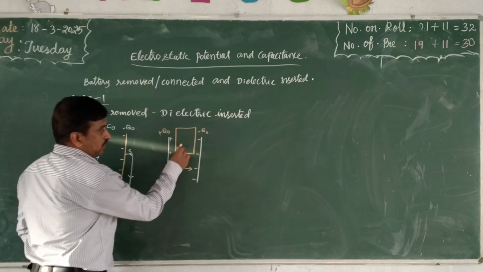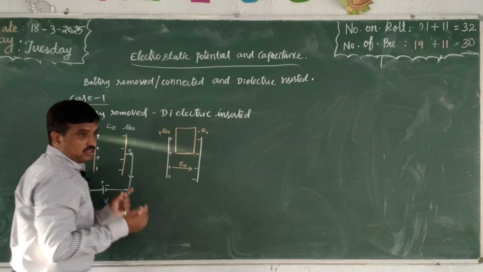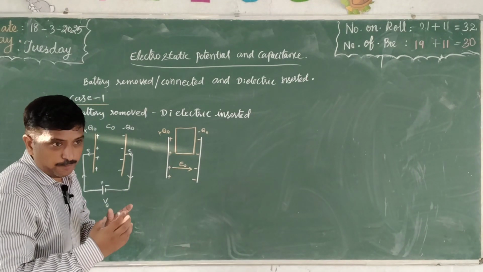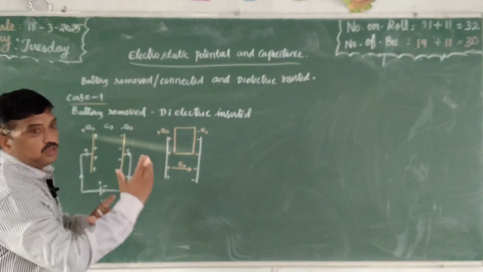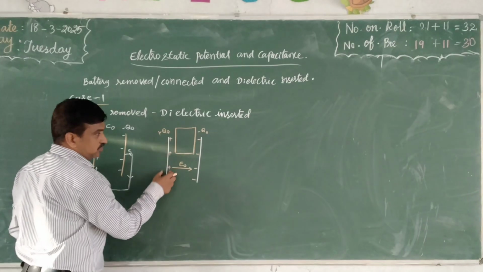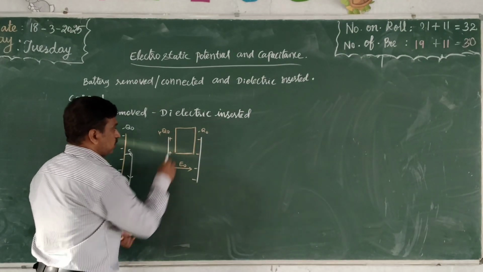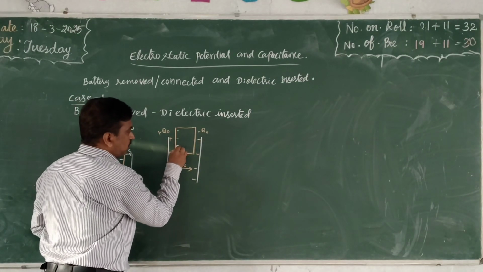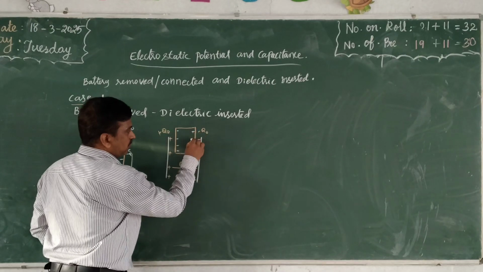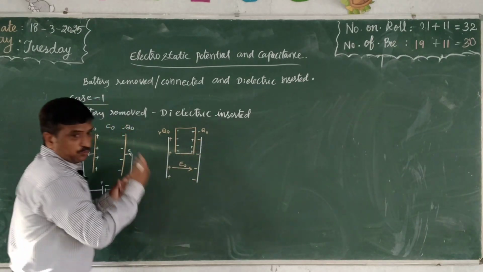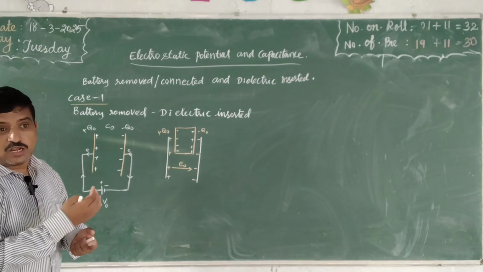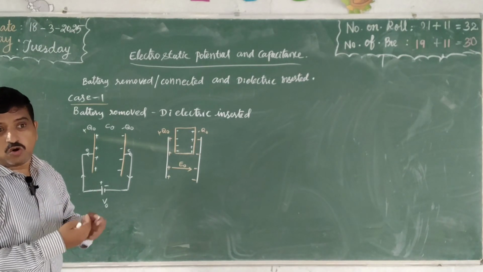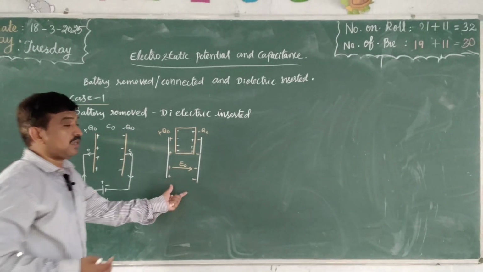In the dielectric there are molecules and atoms, and in them there are charges. These charges will be polarized: positive charges on one side and negative charges on the other side. Where the plate is positive, negative charge develops, and on the other side positive charge develops. So the positive and negative charges in the dielectric produce an induced electric field, which always opposes the external electric field.